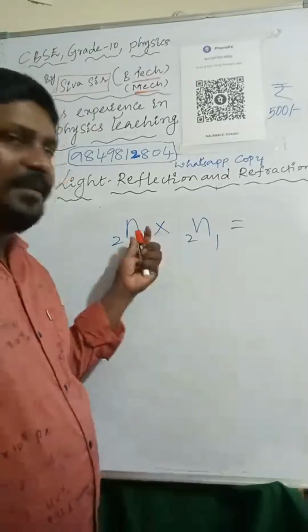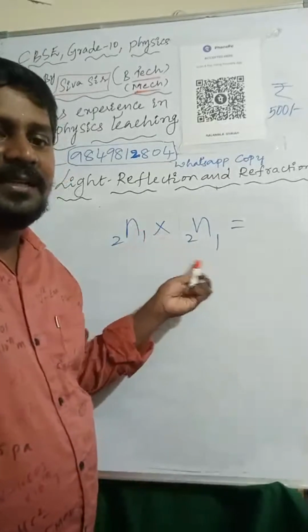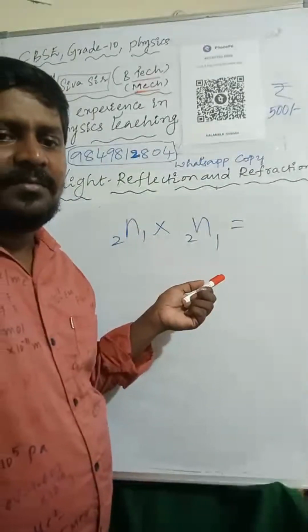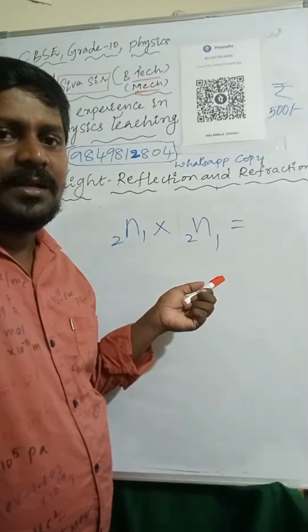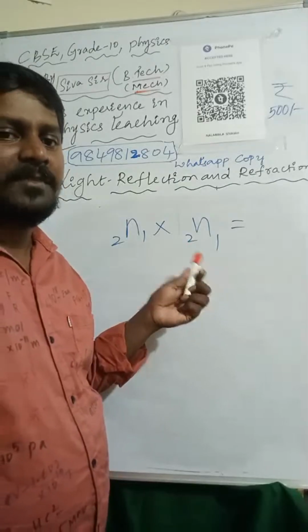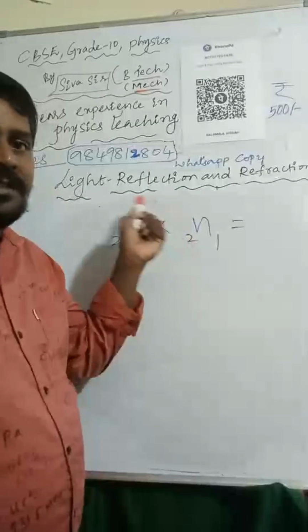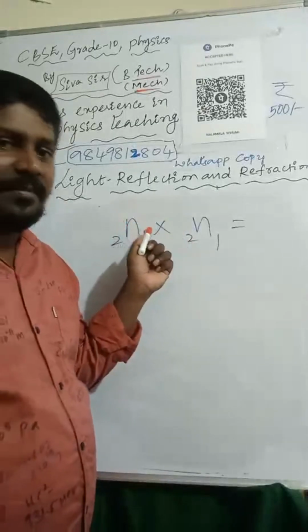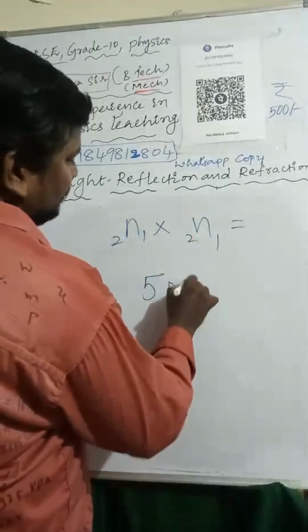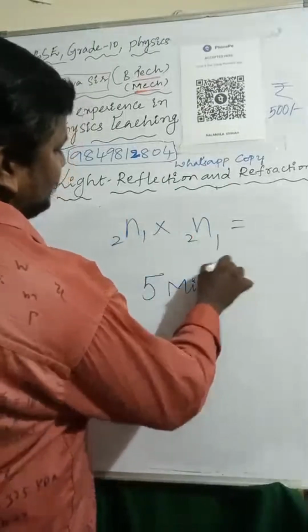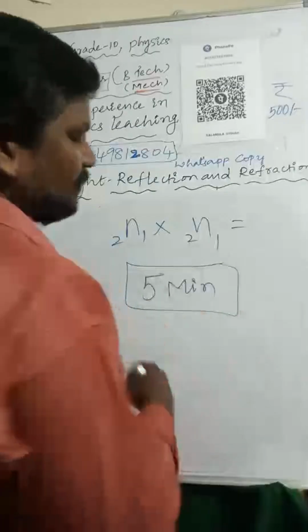Okay, so can you tell me, what is the answer? Can anyone tell the answer to this question? Anyone? I'm giving 5 minutes time. 5 minutes more, it's too heavy, right?